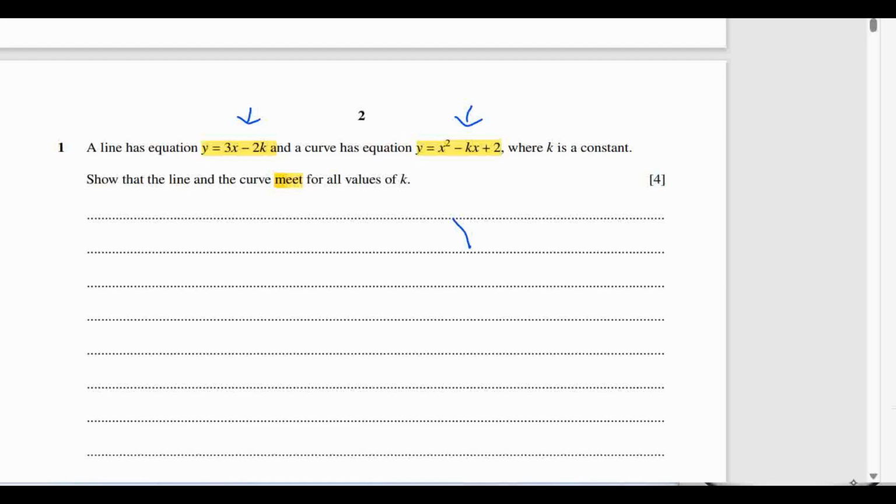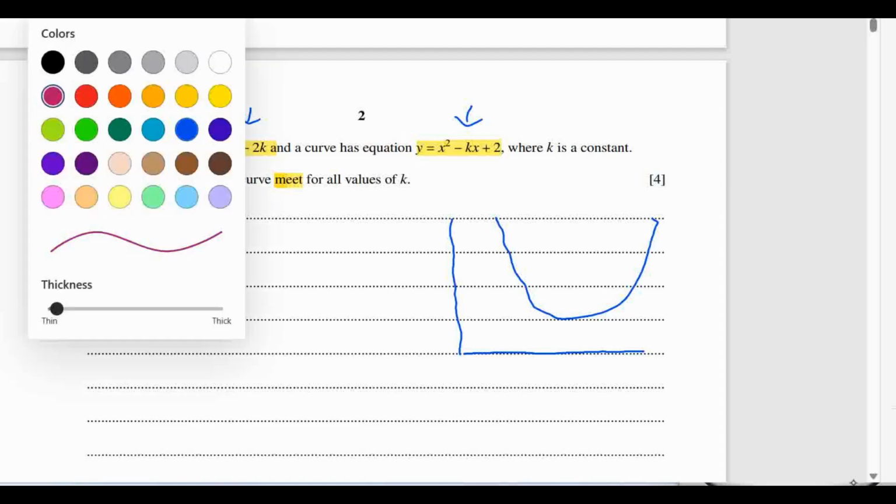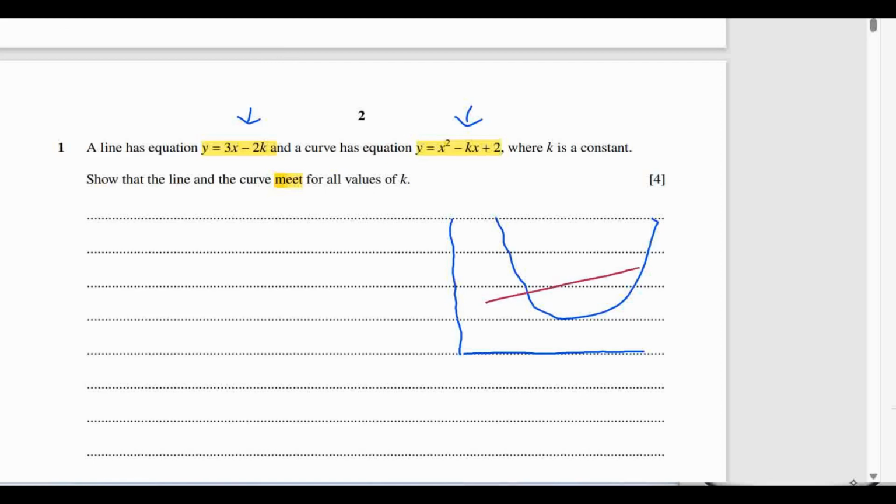Let me draw a straight line, and if we have a graph over here, the graph for the quadratic equation will be a parabola, and the graph of a linear equation will be a straight line. Now we have to find out these two values. What does it mean? Show that the line and the curve meet for all the values of k.